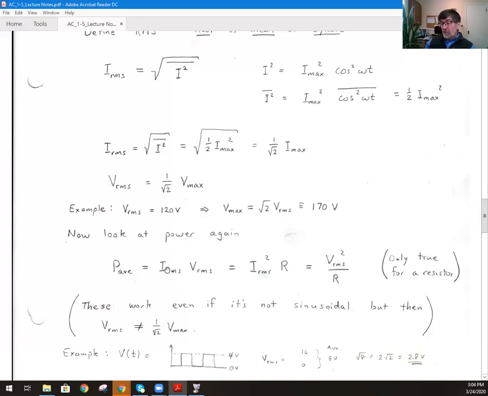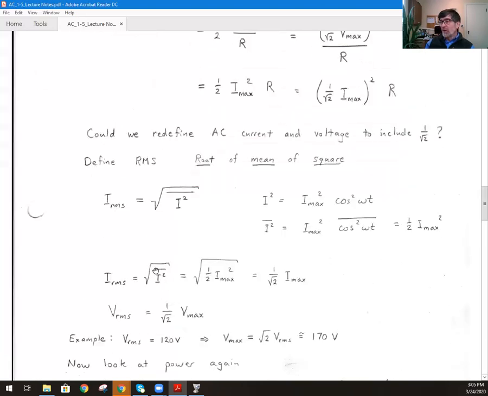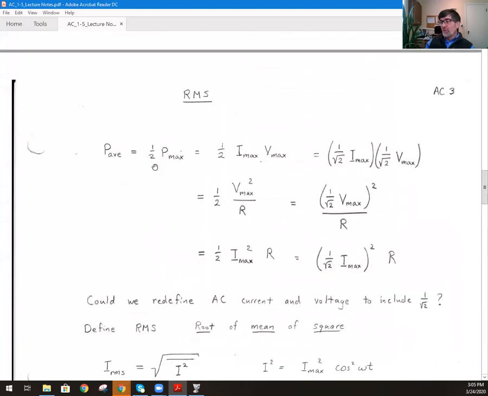Each of those has within it 1 over the square root of 2. And you multiply them together and you get the factor of 1/2 that you needed for the average power. If you look back up here in these average power, that gets us that factor of 1/2 without having to put it into the formula.